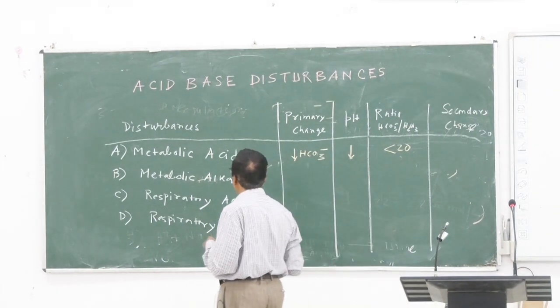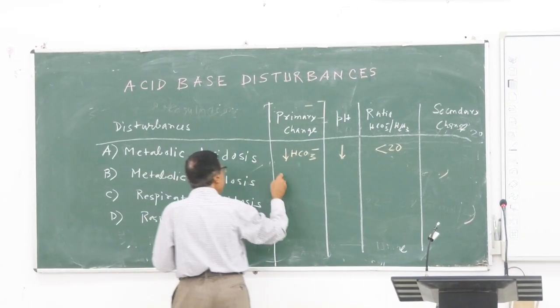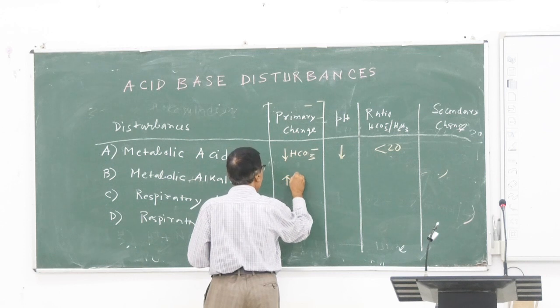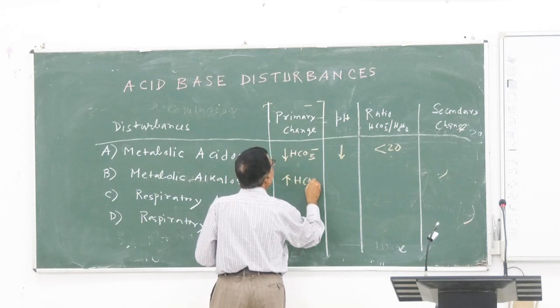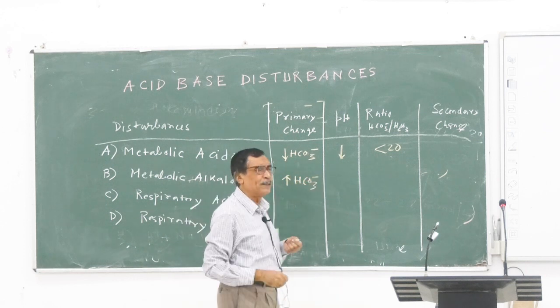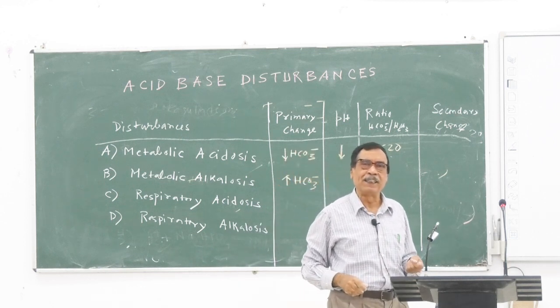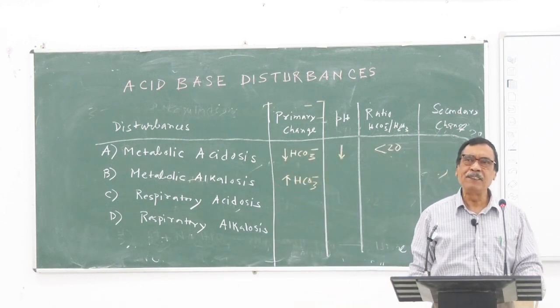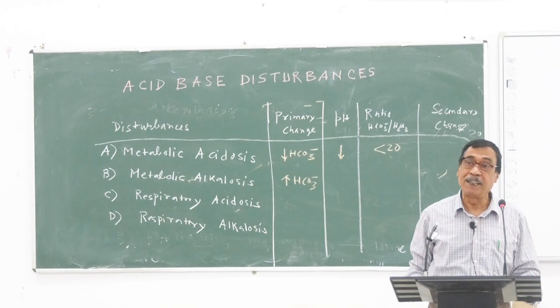Similarly, metabolic alkalosis, what will happen? Just opposite. Bicarbonate ion will increase. Increase means it will be more than 32 millimole per liter.